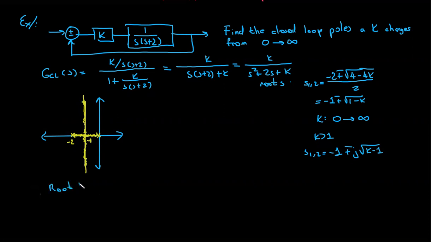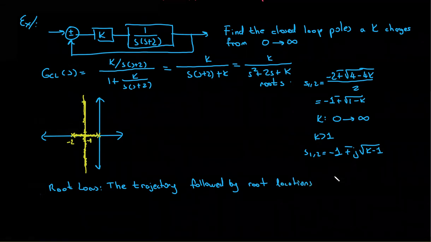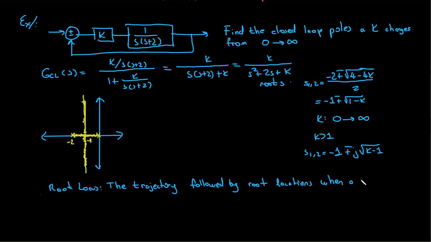So root locus is the trajectory followed by root locations when a single parameter is changed continuously.